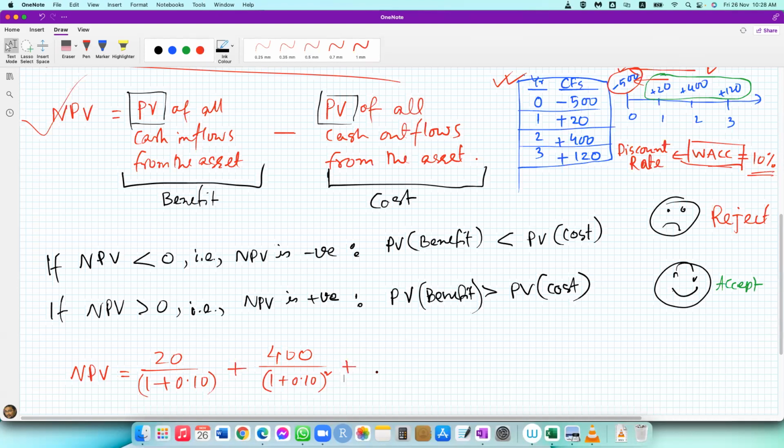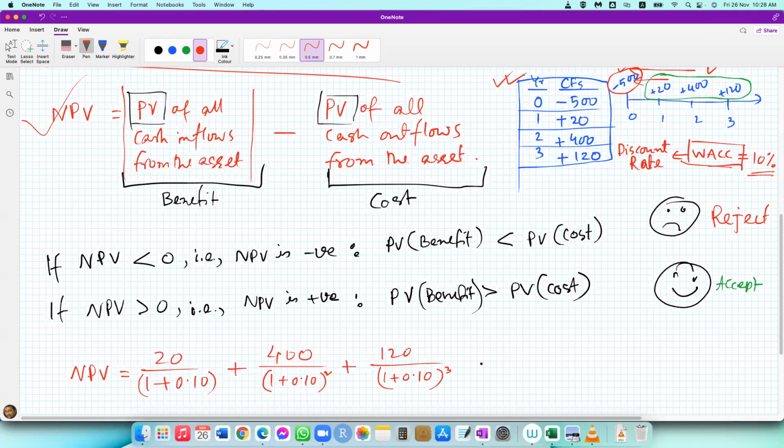Remember, all finance concepts are interrelated. So if you forget, then it will not work. You have to remember, okay? Then the last cash inflow is 120. So 120 divided by 1 plus 0.10 to the power 3. So this portion is the present value of all cash inflow.